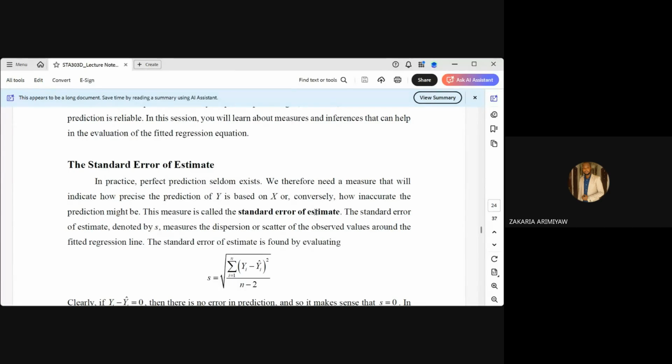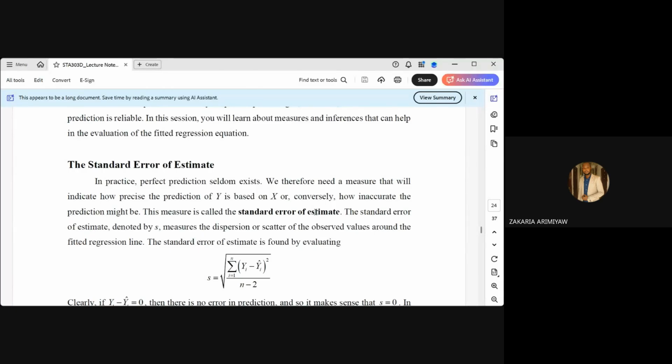In order to check the quality of the equation, we are looking at how close the original values of y are to the line of best fit.